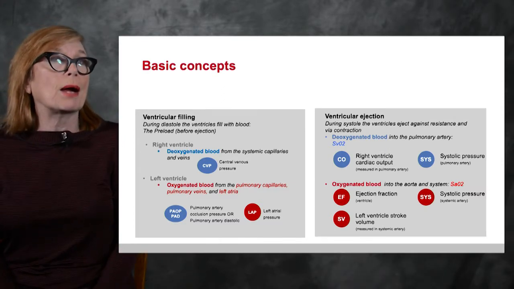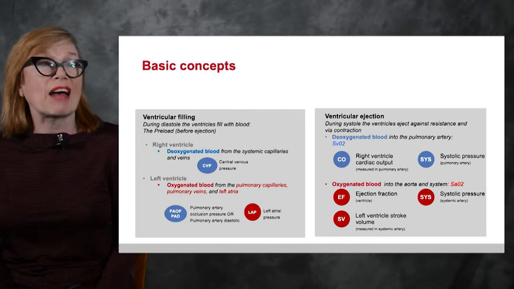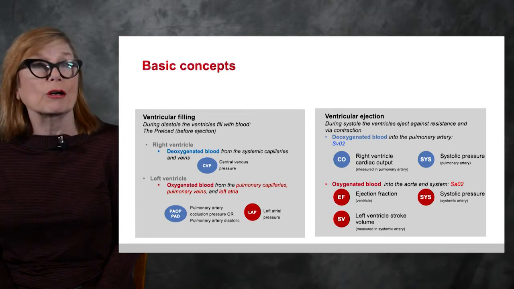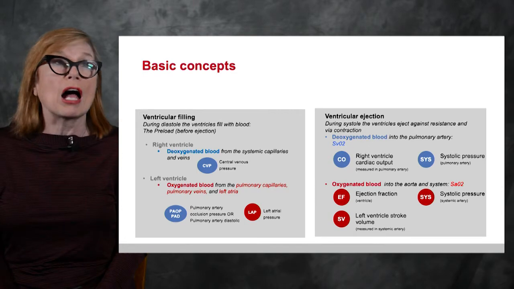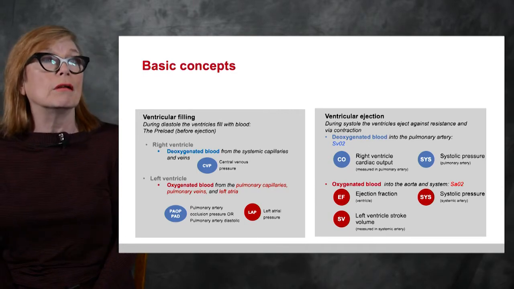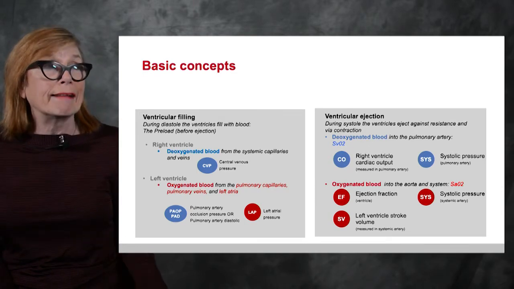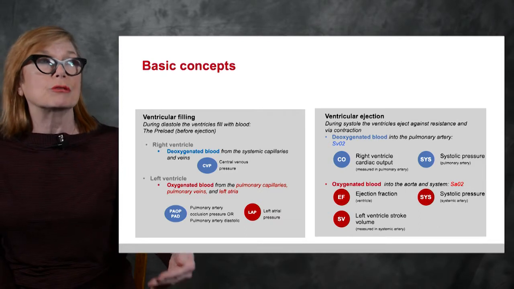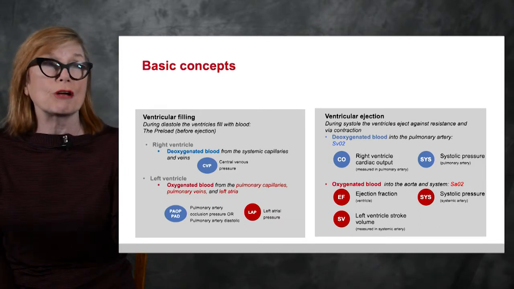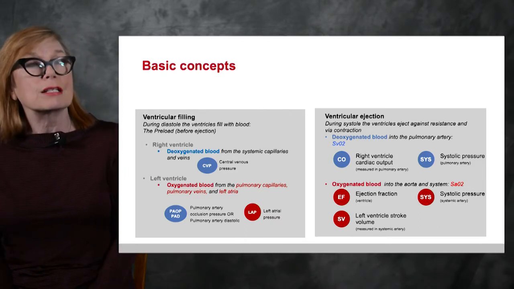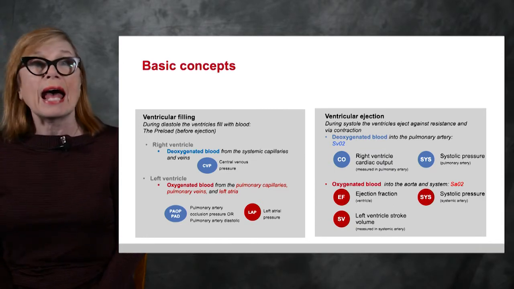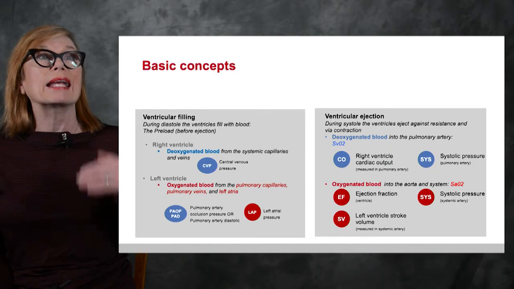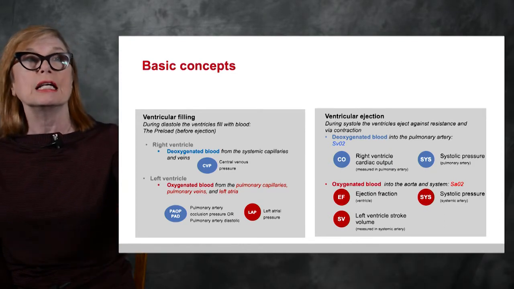The left heart is ejecting oxygenated blood to be delivered to the tissues. And we have many ways we can look at this. We can evaluate your ejection fraction with an echocardiogram. We can look at left ventricular stroke volume in the systemic arterial component using an A-line and a specialized transducer known as FloTrac. That's the transducer, connected to a monitor known as the EV1000. That allows us to evaluate left ventricular ejection.